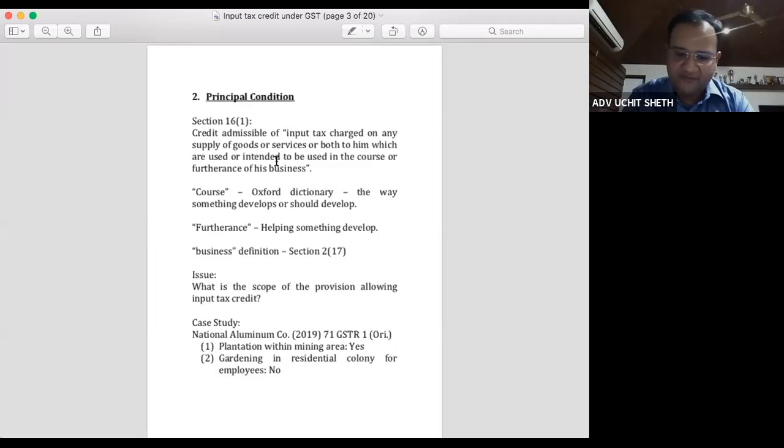And so if it is a business expenditure and not a personal expenditure, and if it is not coming within the restrictions imposed in the subsequent sections of GST, then according to me, input tax credit should be admissible. So there is no need to apply the test of whether the expense is directly related to the business or whether it is indirectly related to the business. So far as it is in the course or furtherance of business, I should be entitled to input tax credit of that GST.